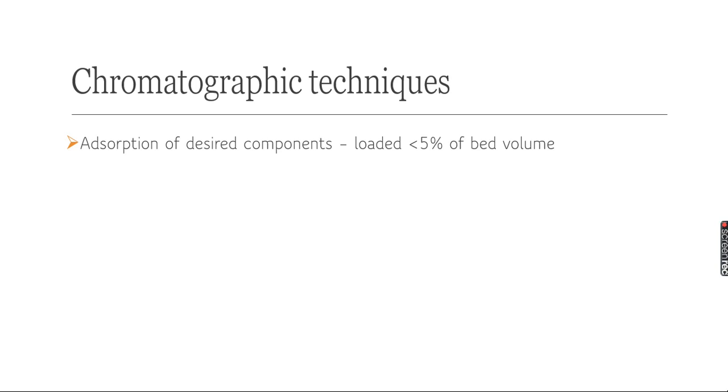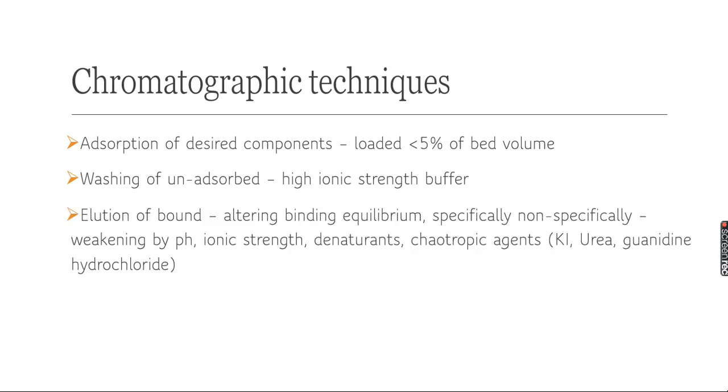And how are we doing the chromatography, in this case affinity chromatography? It is actually a protocol, rather. The first thing will be adsorption of the desired component. We are loading less than 5% of the bed volume, so you should be careful about that. Then you should wash with a high ionic strength buffer so that unadsorbed compounds will be released.